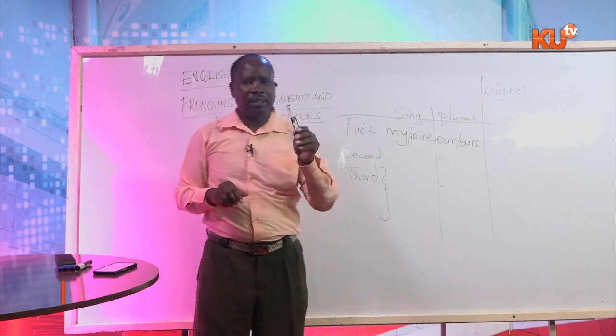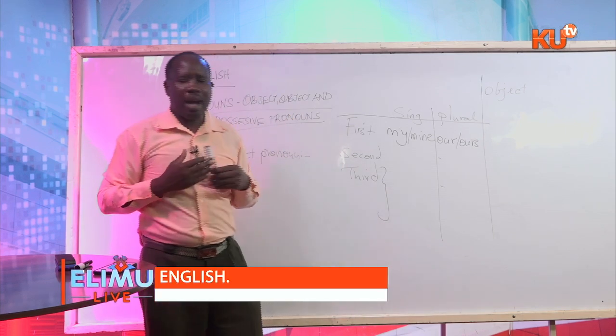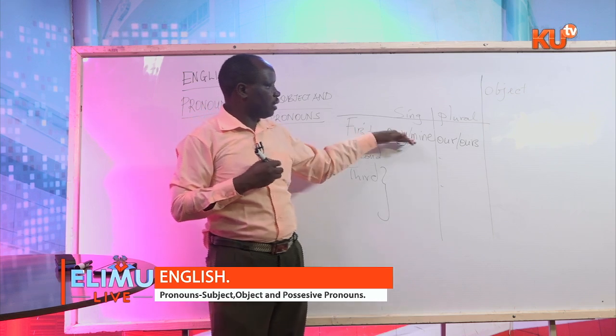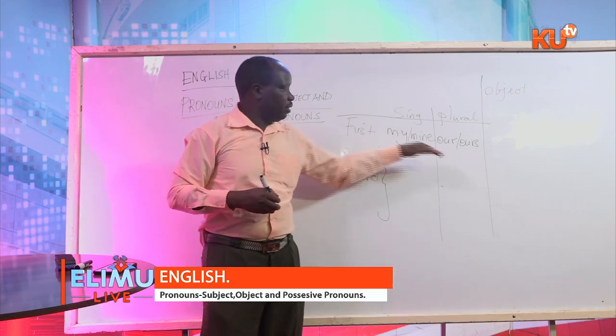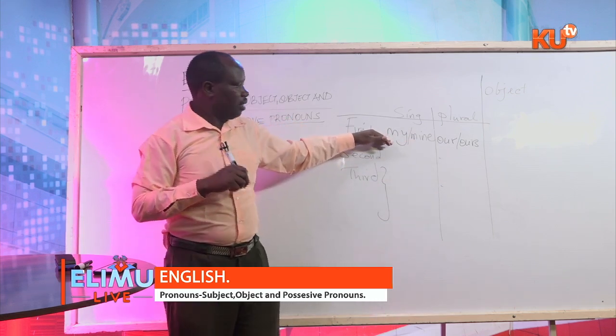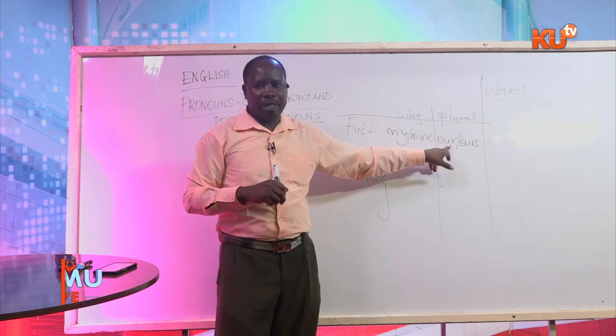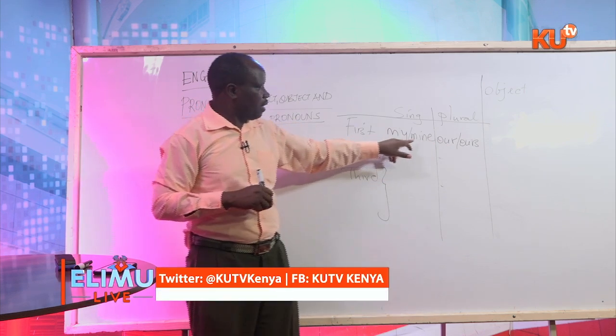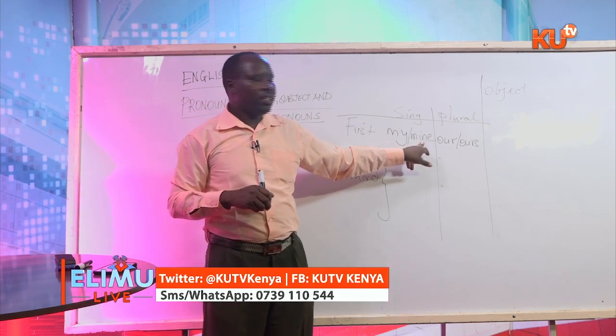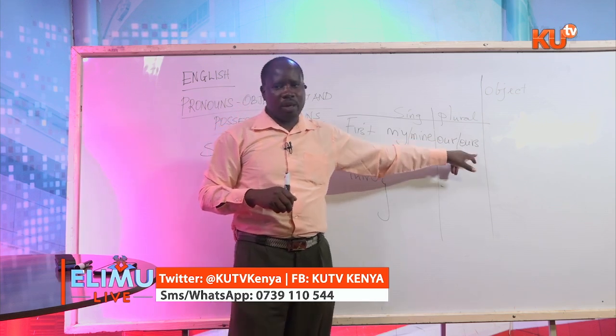And these felt pens are ours. We are many. First person. This is my felt pen. These are our felt pens. This felt pen is mine. These felt pens are ours.